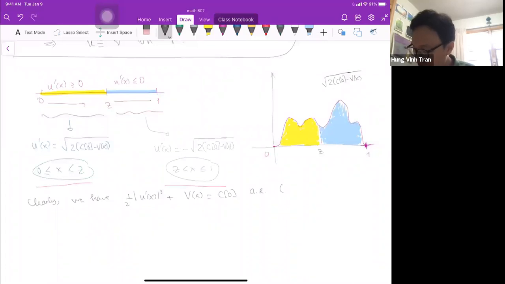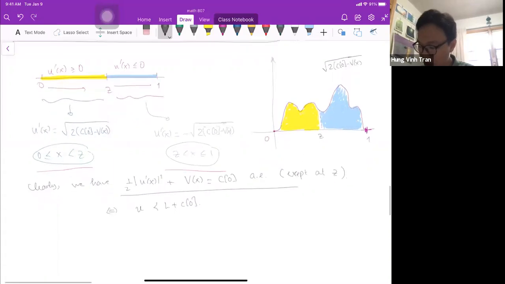In fact, it's everywhere except at the point z. So that's fine. By the definition of viscosity solution, this is okay already almost everywhere, and it's equivalent to saying that u is dominated by L plus c naught.